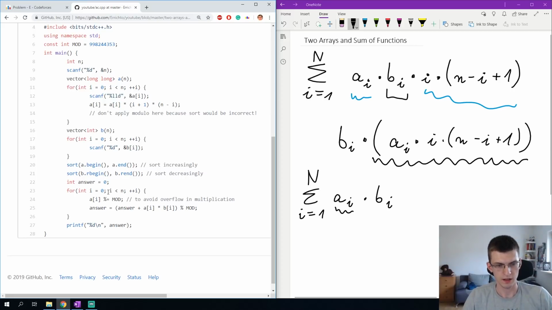At the end, I take the sum over AI times BI, but first I do modulo on AI, because this value is up to 10 to the 18 or so with constraints from the problem, and without modulo in this line I would hit overflow. I take one modulo here and then answer plus equals the product, and modulo of everything. At the end, print the answer.